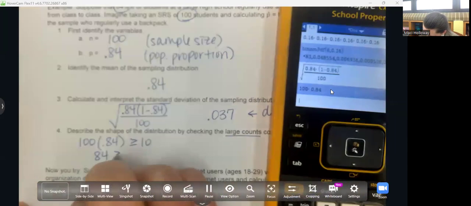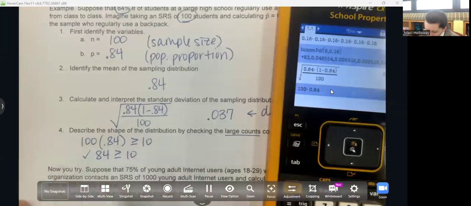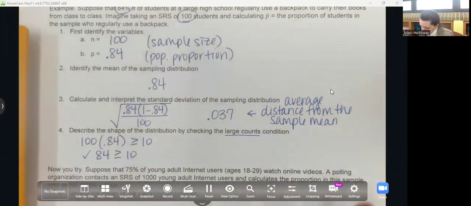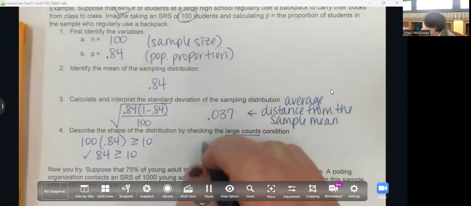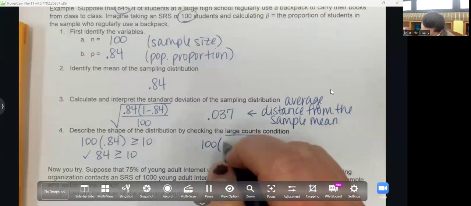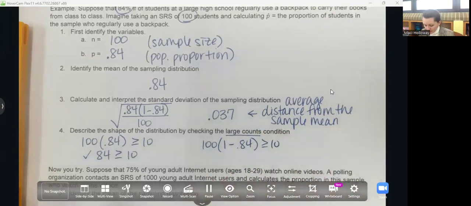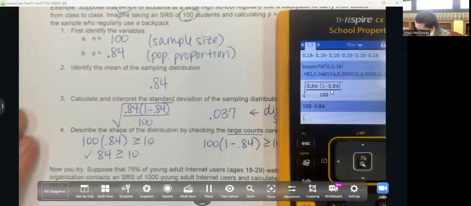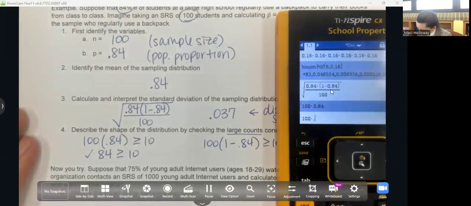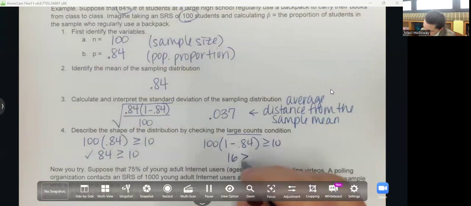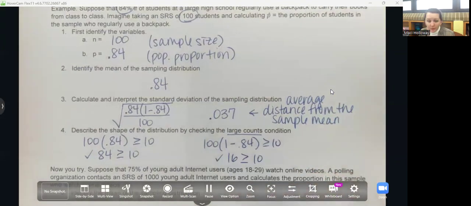So 84 is greater than or equal to 10. This one matches, so that's good. We want it to be accurate. And then the other part is that our sample size times 1 minus 0.84 also has to be greater than or equal to 10. So I'm just going to do 100 times 0.16, which we know is already going to be 16. So 16 is greater than or equal to 10. Both conditions are met, so this is going to follow a normal distribution.